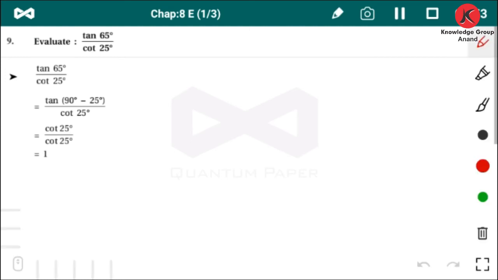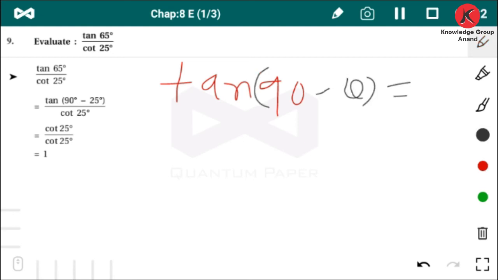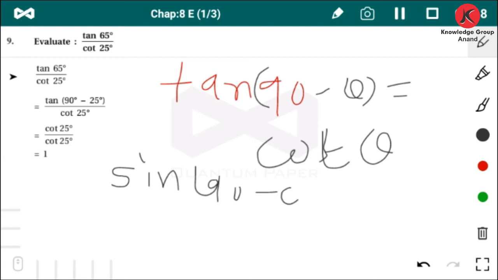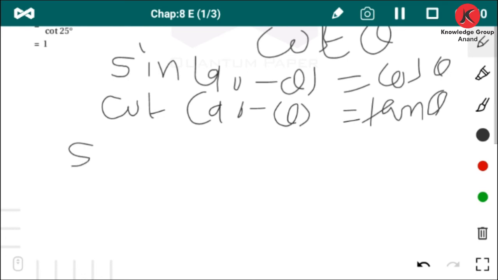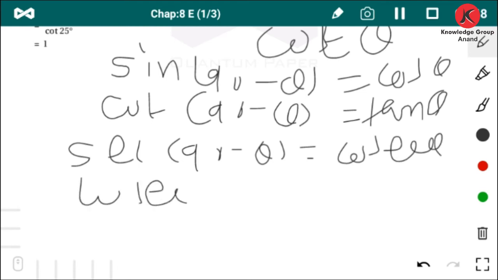Because we know that tan of 90 minus theta is equal to cot theta, it becomes cot 25 upon cot 25, which cancels. Similarly, sin of 90 minus theta is cos theta, cot of 90 minus theta is tan theta, sec of 90 minus theta is cosec theta, and cosec of 90 minus theta is sec theta.